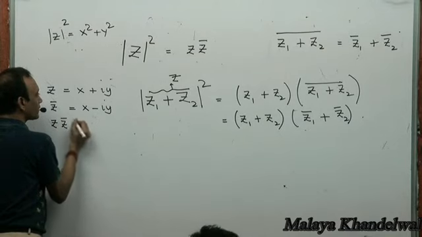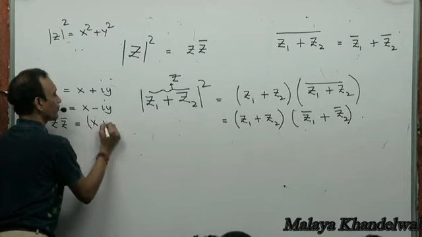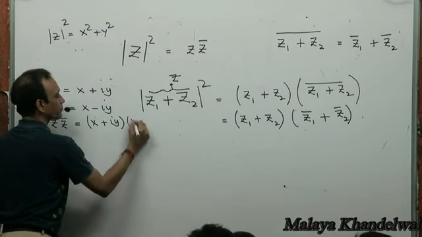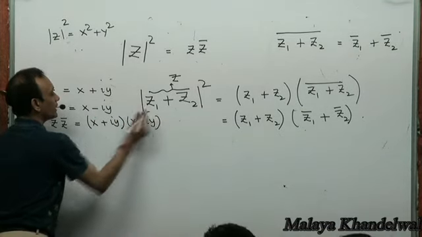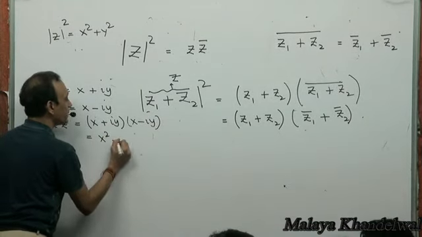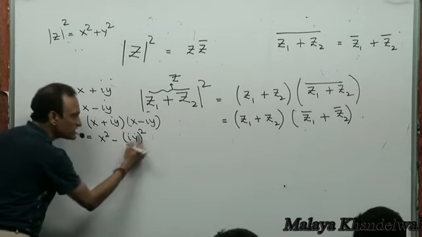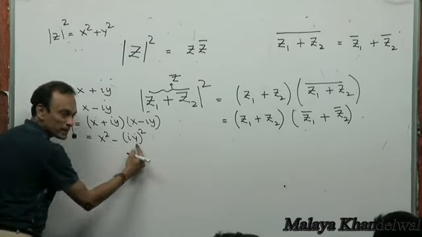Now, what is z z bar? x plus iy into x minus iy. a plus b into a minus b is a squared minus b squared, so x squared minus i squared y squared. i squared is minus 1, so this will become plus y squared.